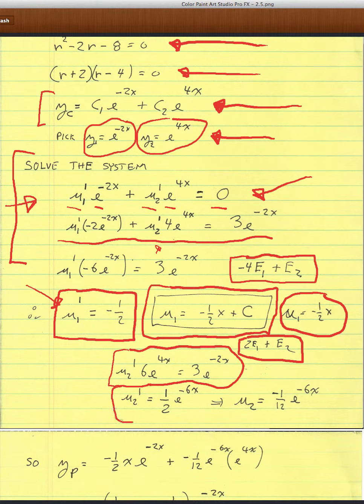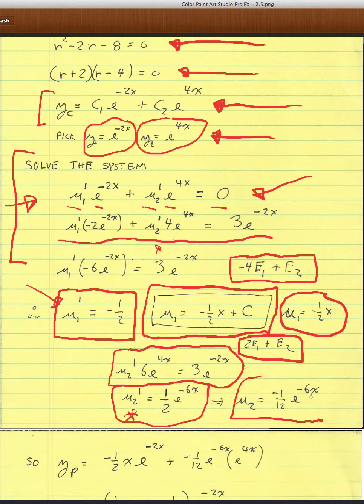If you solve that equation, you find out that u2 prime has to be equal to 1/2 e to the minus 6x. By anti-differentiating both sides of this equation, we see that u2 is equal to minus 1/12 times e to the minus 6x.